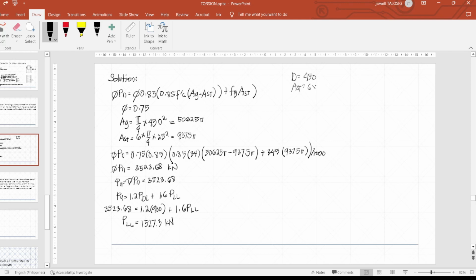So we have D is 450, Ast is 6 na 25 mm, all right? And fy, it is given, no? fy is 345, and f'c is I think it is 34, no? Sige, this is in megapascal.